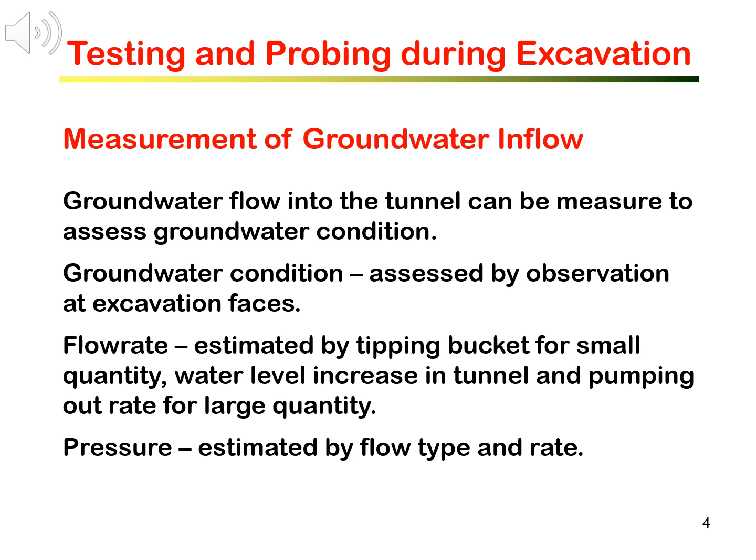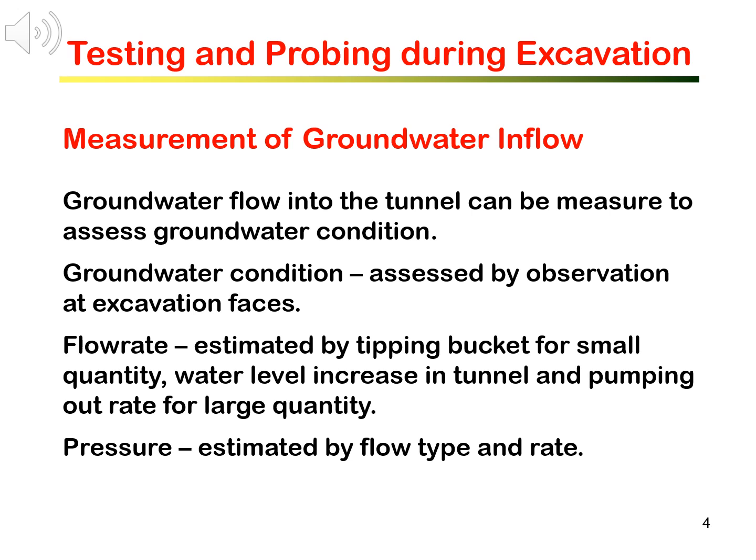Groundwater inflow during excavation can be measured in order to assess groundwater condition. General groundwater condition can be assessed by observing seepages and the seepage locations to identify the seepage channels, for example, water conducting joints at excavation phases. If the inflow quantity and the rate is low, flow rate can be measured or estimated by tipping bucket.